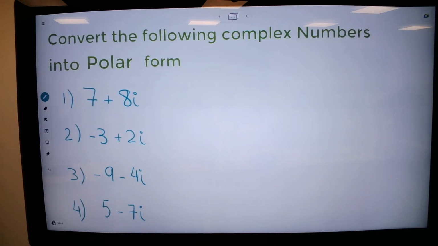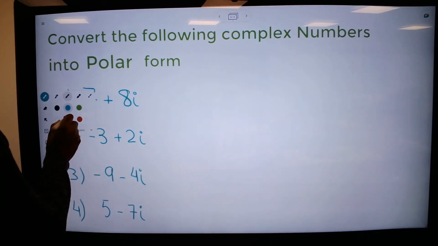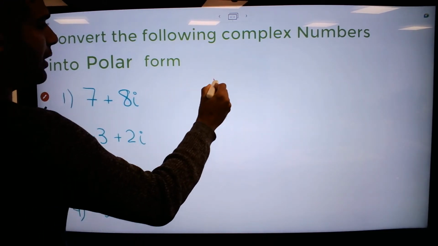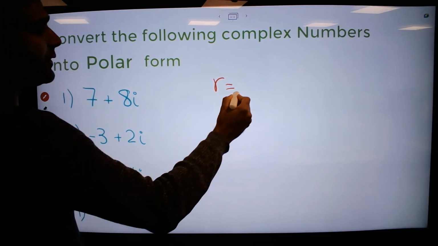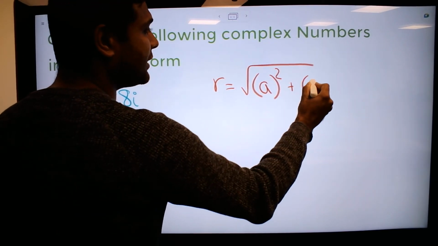So if you convert these into polar forms: 7 plus 8i, minus 3 plus 2i, minus 9 minus 4i, 5 minus 7i. Remember, the r magnitude will not be affected by the tan. The formula for the r is the square root of a square plus b square.